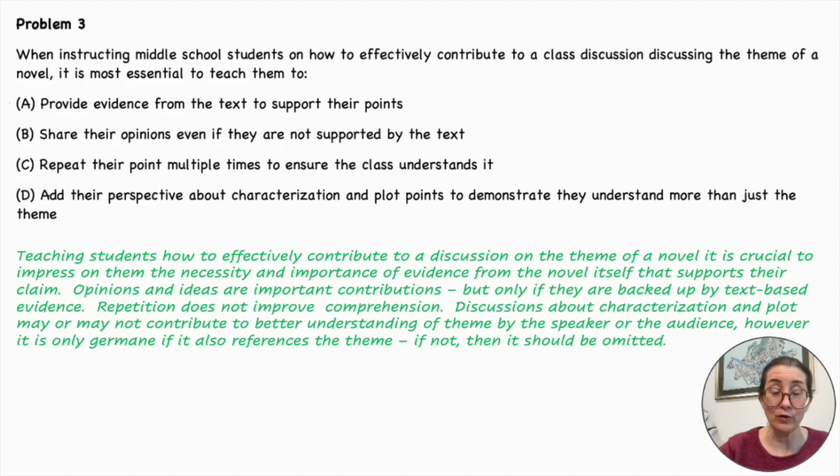Repetition does not improve comprehension. Discussions about characterization and plot may or may not contribute to better understanding of theme by the speaker or the audience. However, it is only germane if it also references the theme. If not, then it should be omitted.